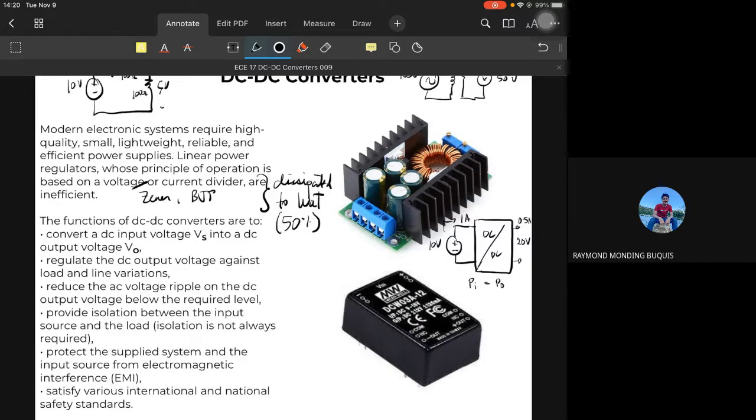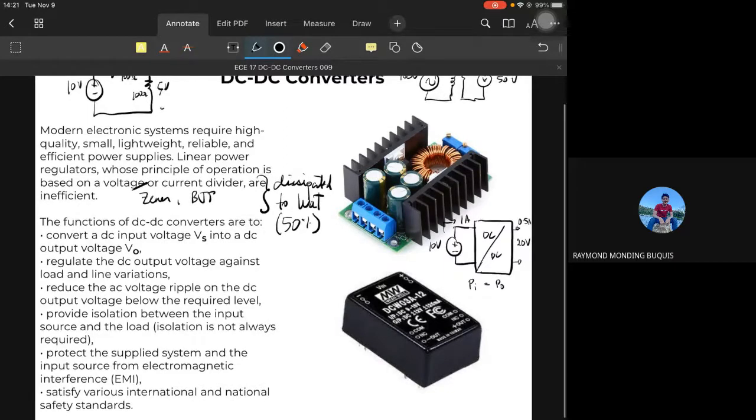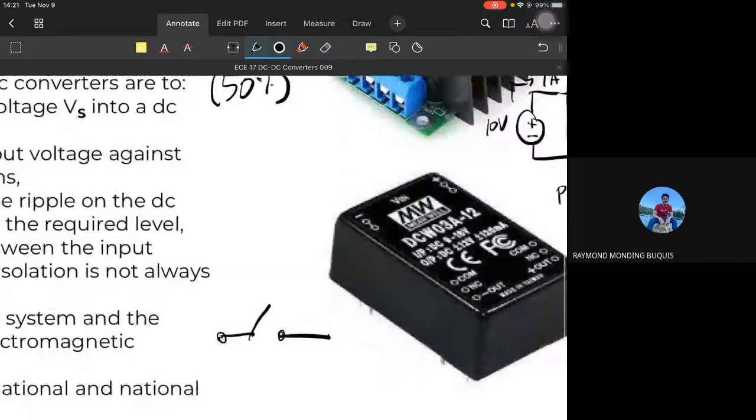So the main area of application of these converters is at low power levels, as a low dropout voltage regulator. Switching regulators use power electronics semiconductor switches in the on and off state. So later, when we encounter DC to DC converter circuits, one of their major components is the switch, which is modeled as such.